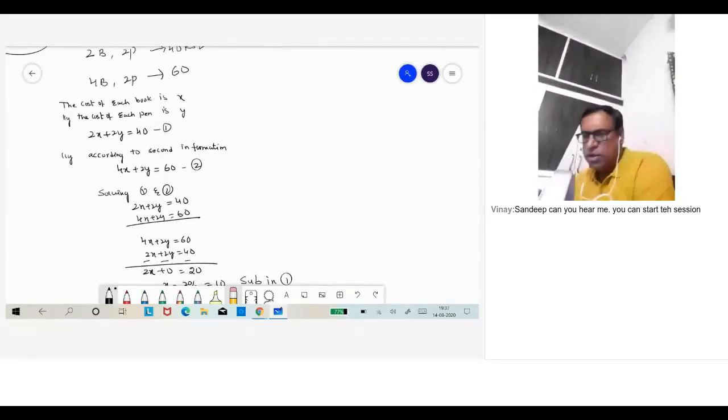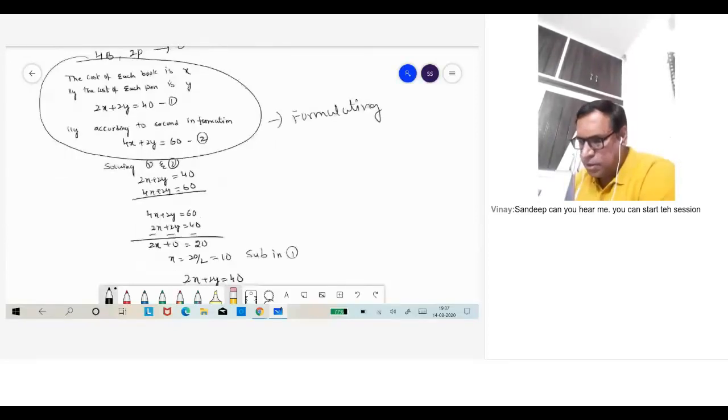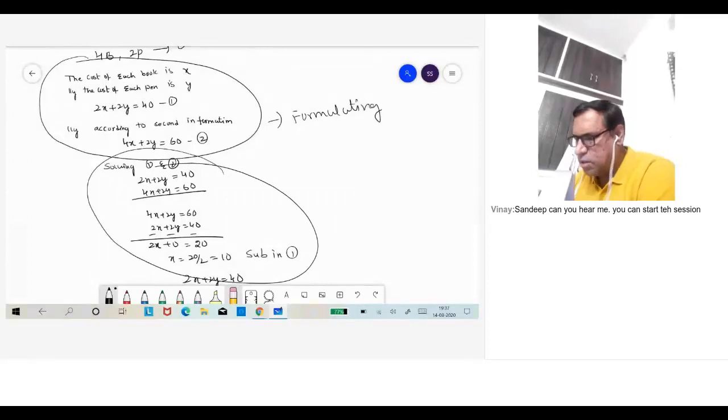Secondly, you are finding the solution. This is called formulating linear equations in two variables, and this entire concept is called finding the solution of linear equations. So two things we are doing here.